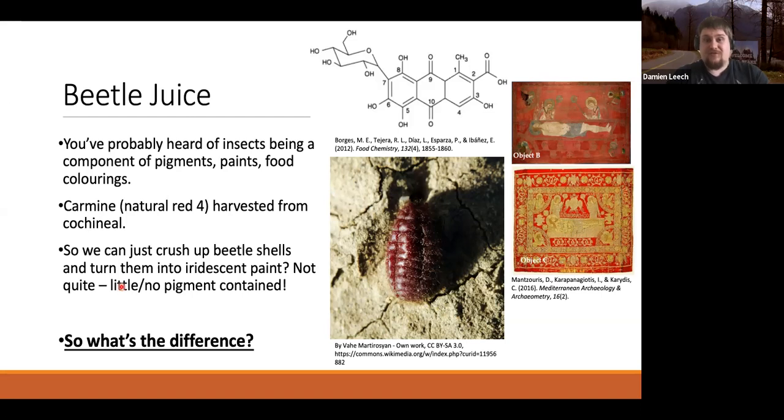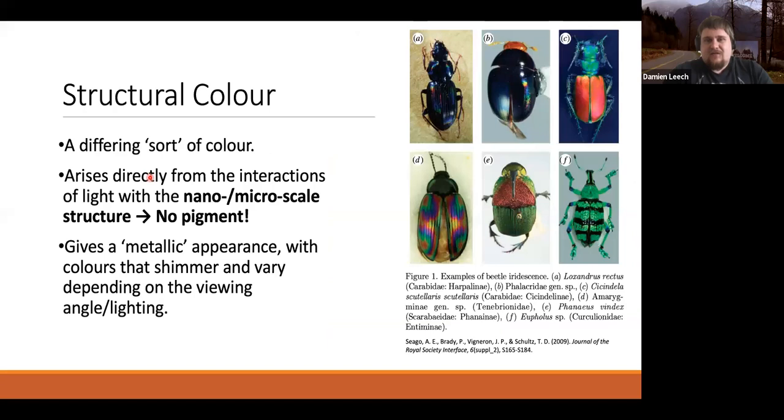So what's the difference? The difference really is something called structural color. Like I said, it's a differing sort of color, and it arises directly from the interactions between light and a tiny little architecture, at the nano-micro scale. It involves no pigment.